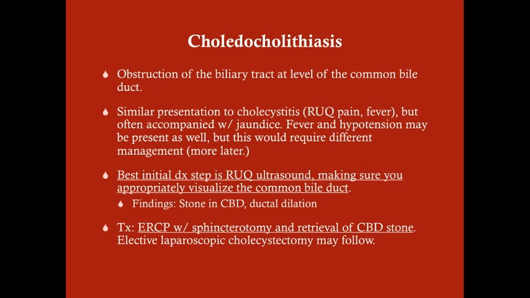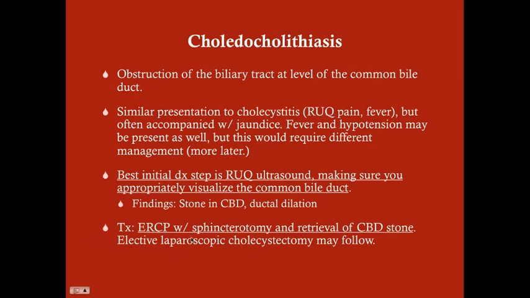And from there you can retrieve the stone, you can break the stone, you can also inject a dye into the common bile duct, and that will allow you to visualize the biliary tract. One of the big complications to this is if you inject the dye into the pancreatic duct instead, you can cause acute pancreatitis.